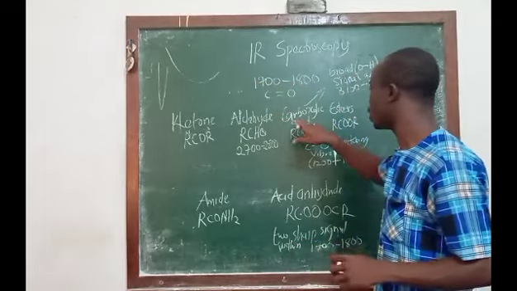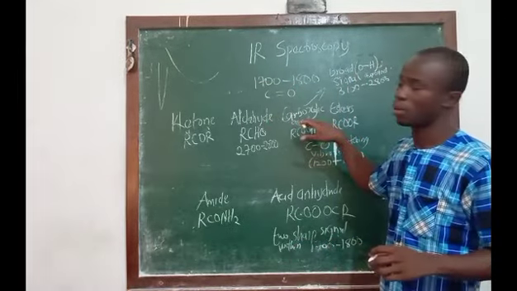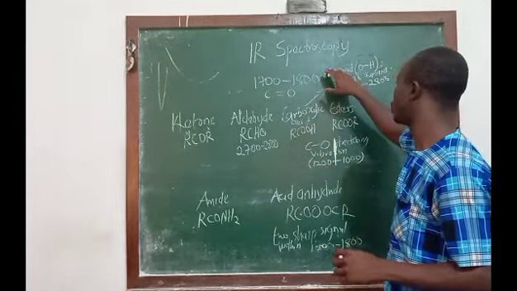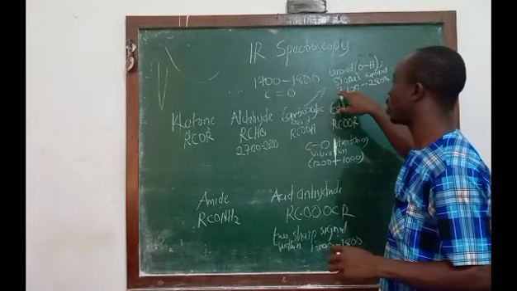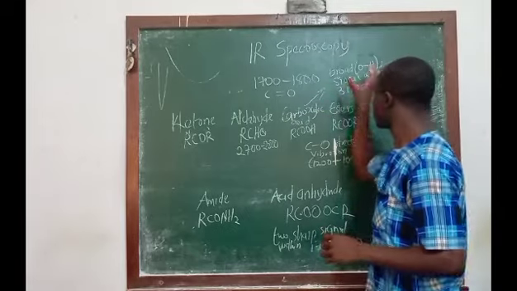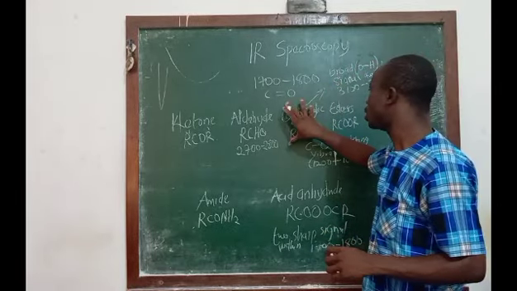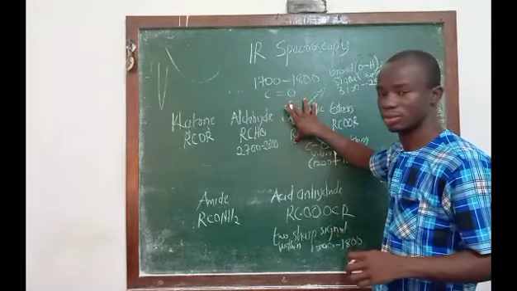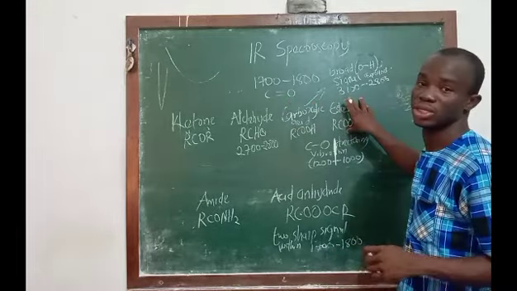So for the OH functional group in carboxylic acid, the signal is usually broad, and it's usually between 3000 and 2800. This signal is specific for carboxylic acid and not found in an ester.